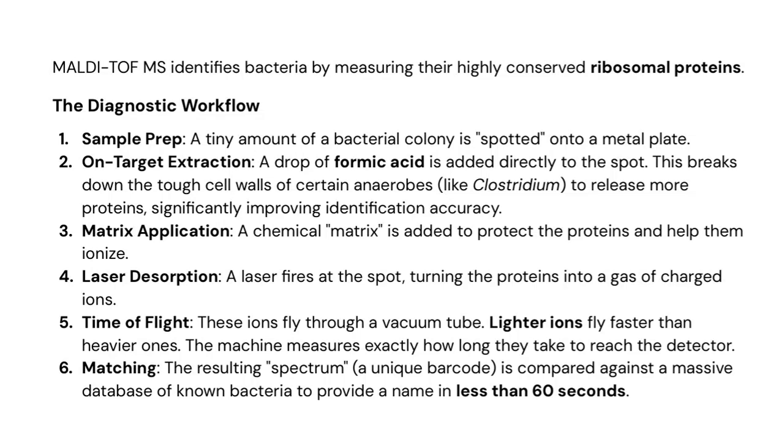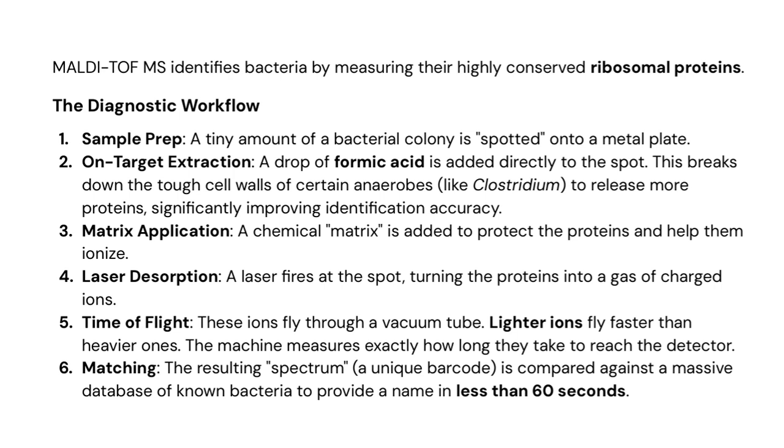Let's walk through how MALDI-TOF mass spectrometry identifies bacteria. We start with a tiny sample, just a bit of a bacterial colony placed on a metal plate. Then, a drop of formic acid is added right there to break down tough cell walls, especially in tricky anaerobes like Clostridium. Next, a chemical matrix is applied to protect the proteins and help them ionize.